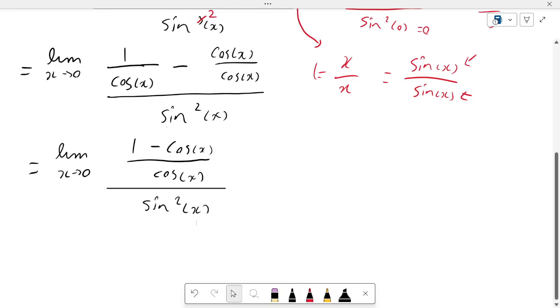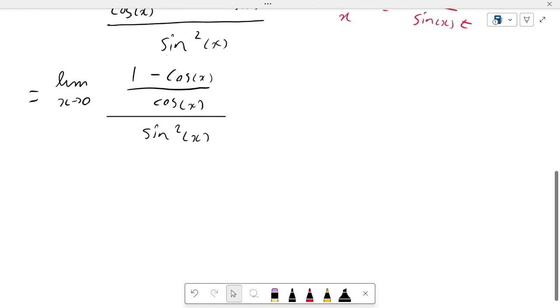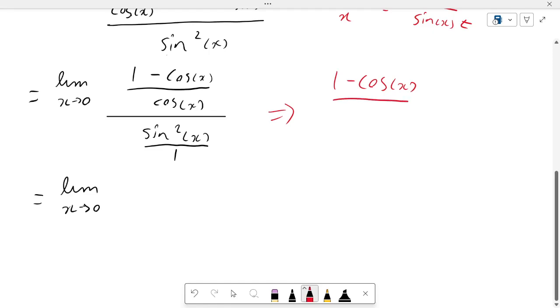Cool. And now from this point, we can just flip and multiply. We know that this is actually sine square x over 1. So we're going to write it like this: the limit as x approaches 0 of 1 minus cos of x all over cos of x, multiplied by the inverse of this, which is 1 over sine square of x.